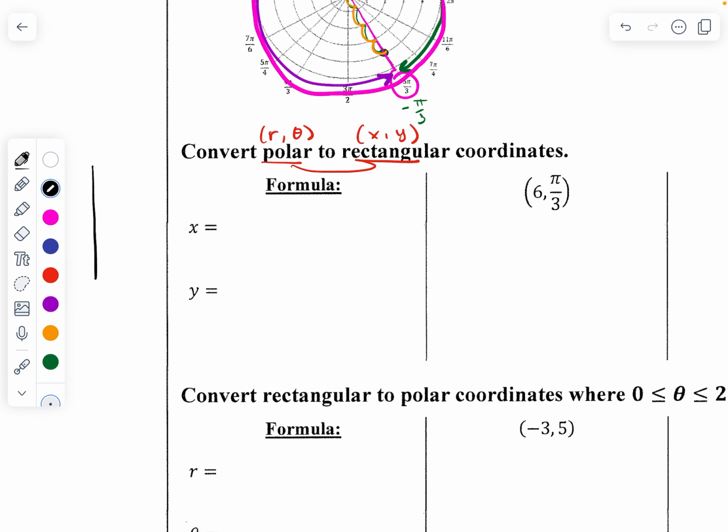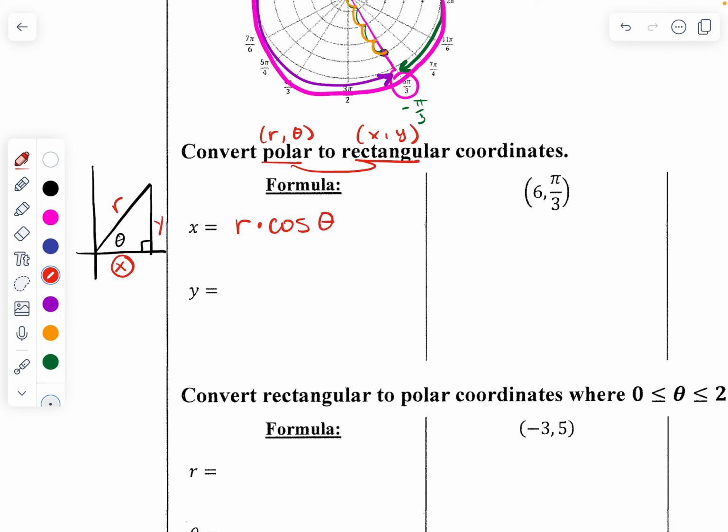Remember that when we were talking about any theta along the circle, I can draw this as a right triangle. I know this distance is x, this is y, and this is r here, right? Well, in order to find this value of x, I could take the distance of r times the cosine of theta.